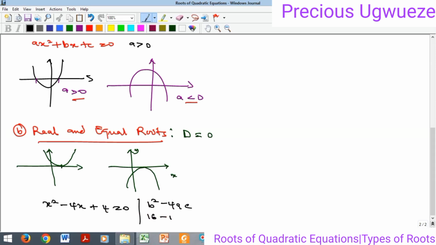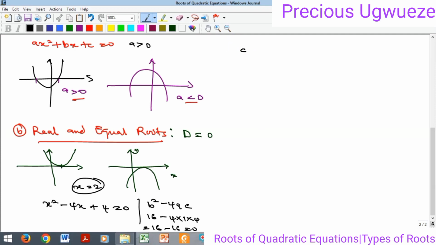Minus 4 times a is 1 times 4. This is going to give you 16 minus 16, which is equal to 0. So this is a typical example of a quadratic equation having a real and equal root. And of course, if you solve this, you are going to get x equal to 2, 2 twice. Okay, so that's the second nature.